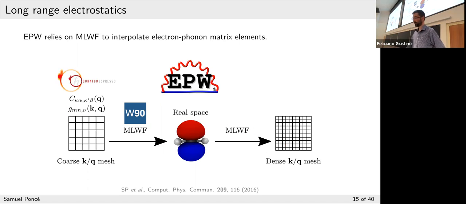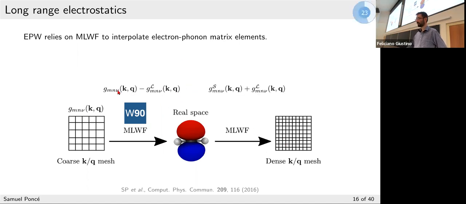Now, the small technicality is that if you have an infrared active material, you start having a long-range electrostatic field, and therefore this prevents you from doing a good interpolation because your quantity will not be localized in space. And this has been discussed already a bit yesterday.